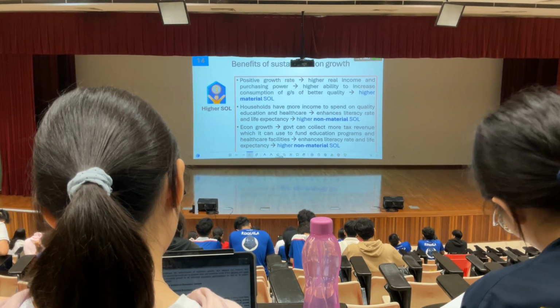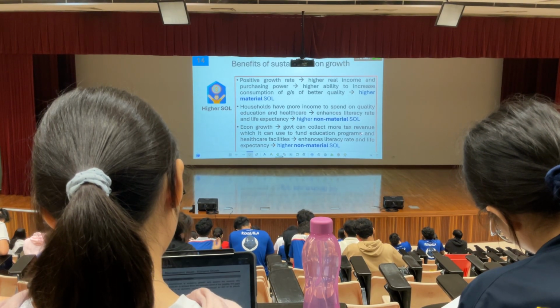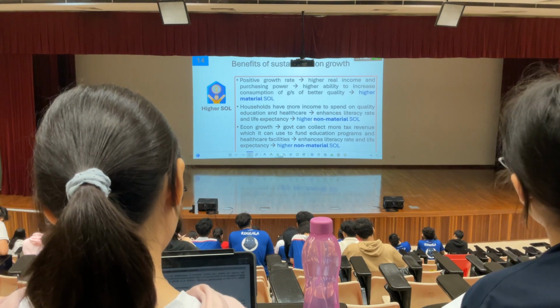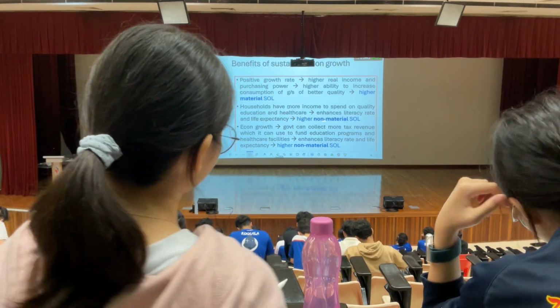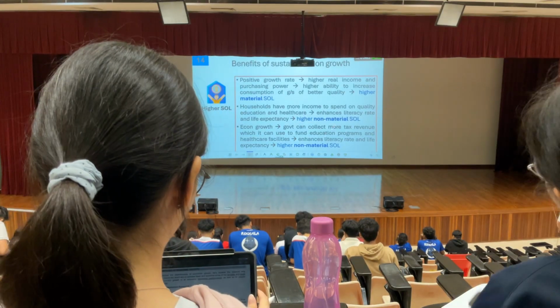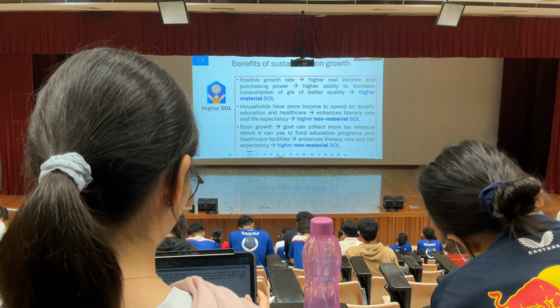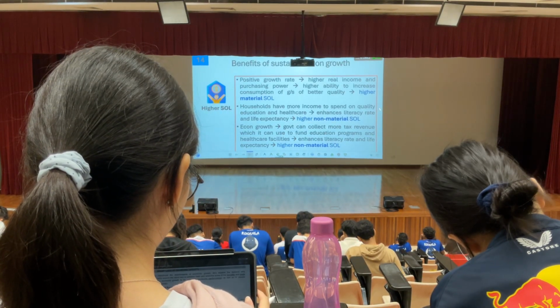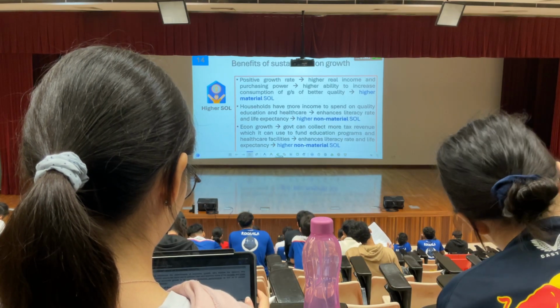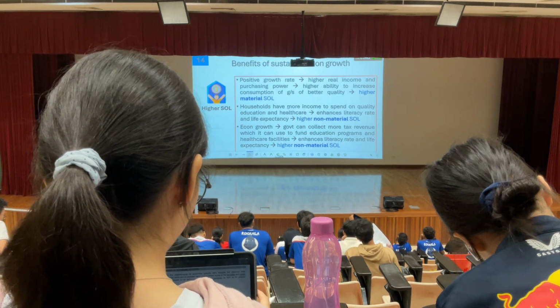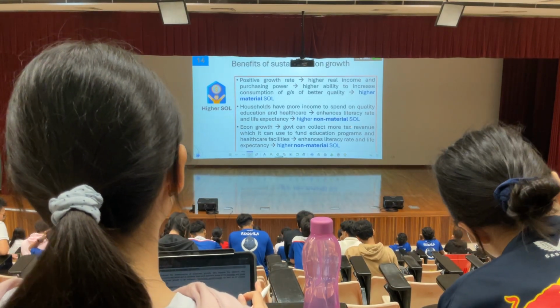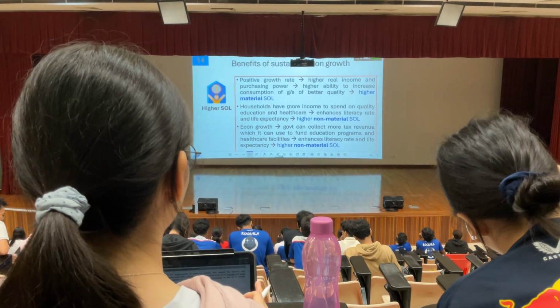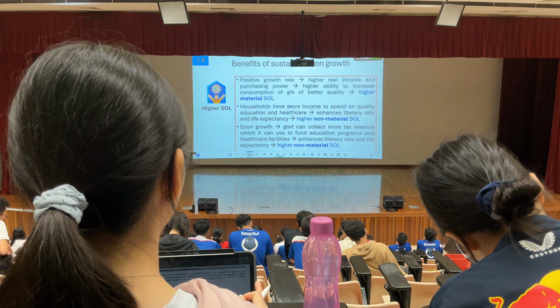So all these will cause the government to collect more tax revenue. And if the government were to use higher tax revenue to fund education programs, improve the healthcare facilities, that will enhance our literacy rate and life expectancy in the country, leading to higher non-material SOL. So when you want to talk about SOL, talk about both material and non-material standards of living.